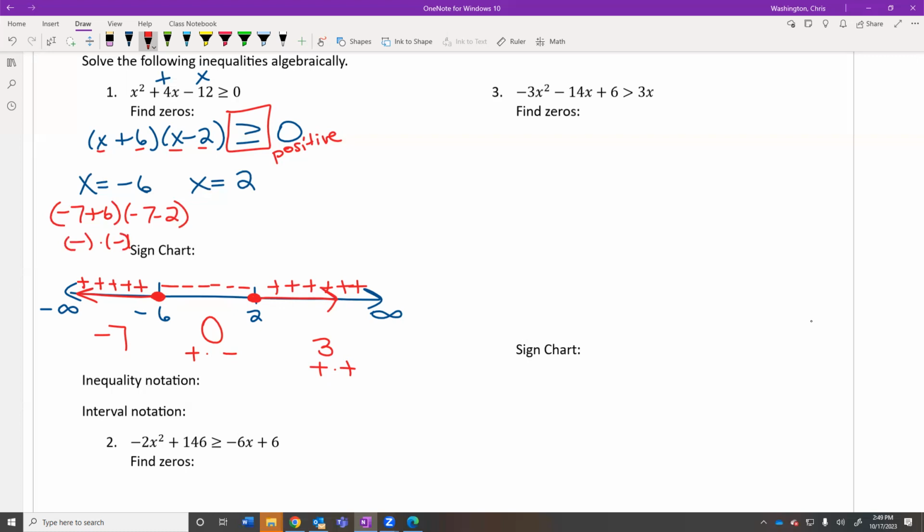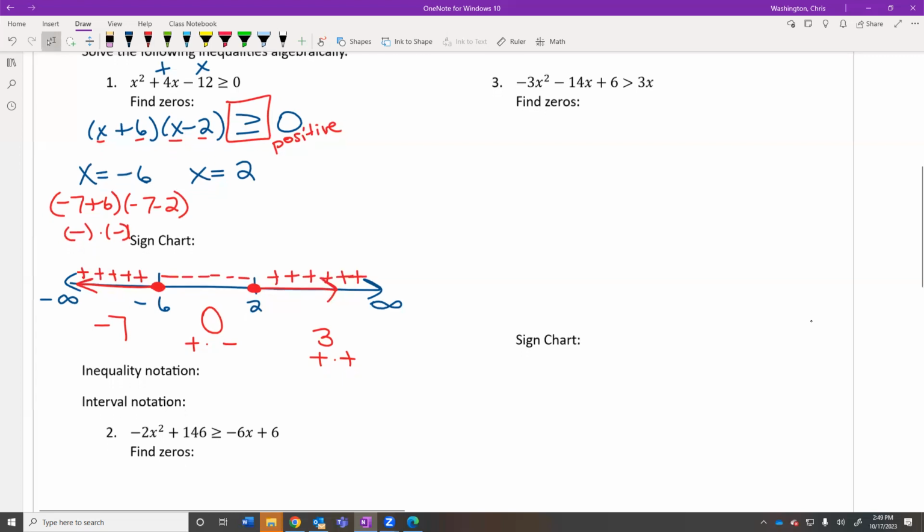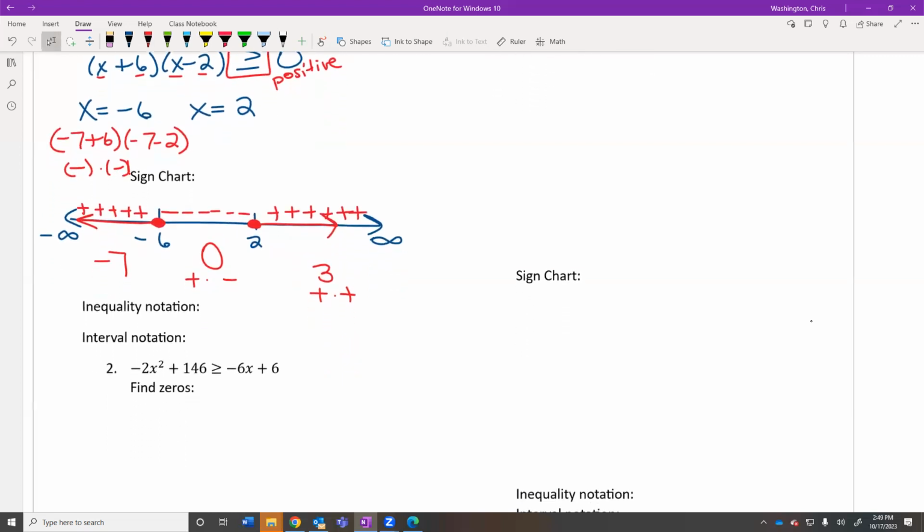But how would I write that in inequality notation or in interval notation? Well, in inequality notation, we don't need to write infinity. We can just say, hey, x is going to be less than or equal to, because it was a closed dot. It was also equal to in the original problem, -6, or, because these don't overlap, we're going to use the word or, x has to be greater than or equal to +2.